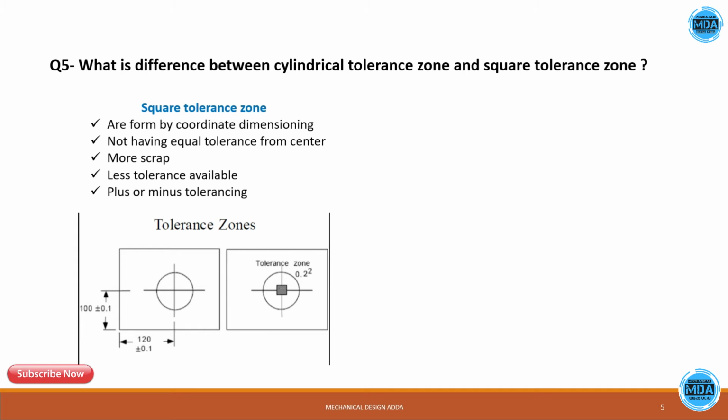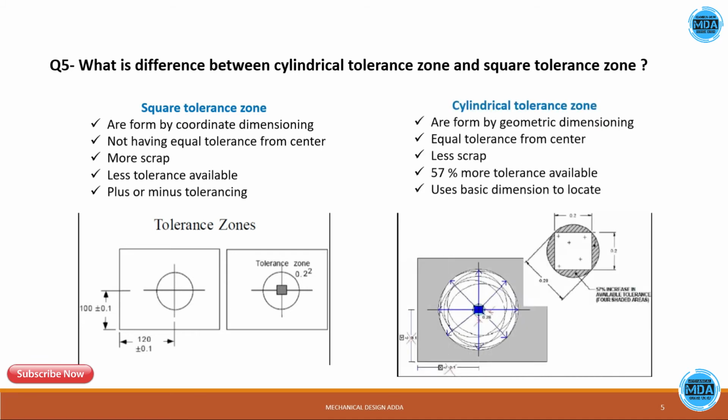If you look from the center diagonally, at some point it is the highest tolerance and at some point it is the lowest tolerance, so the tolerance is not equal from the center. Because of that there is more scrap and less tolerance available. In that question you will understand how GD&T reduces scrap.